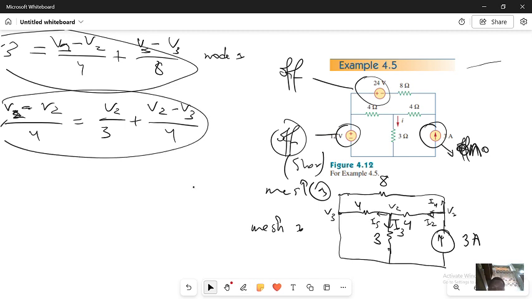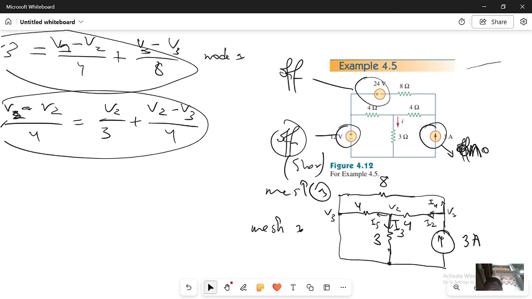Now when we come to this node, V3, since there is no element here, you have to be careful. There is no element here. This voltage V3 is the same as this one.